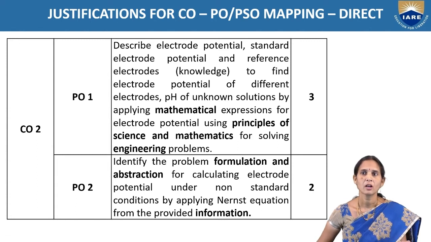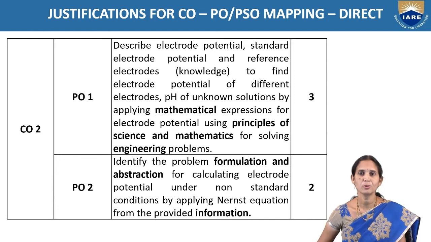They will understand, and by applying mathematical expressions for electrode potential using principles of science and mathematics for solving engineering problems. So here they will go for principles of science and mathematics. They will use the formulas. They will do the problems. Okay. So we have given number of vital features 3.